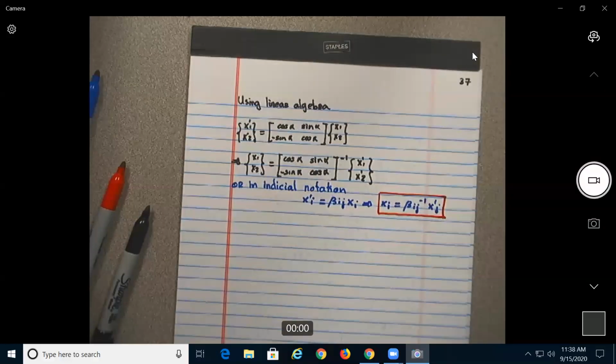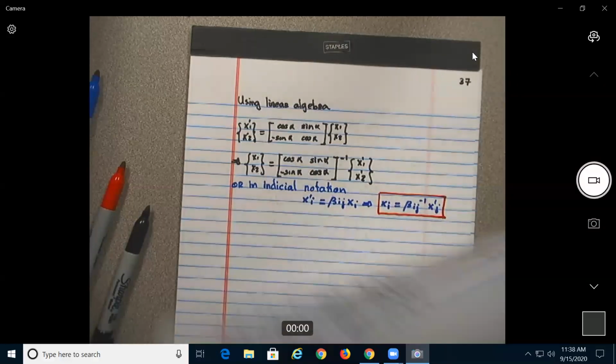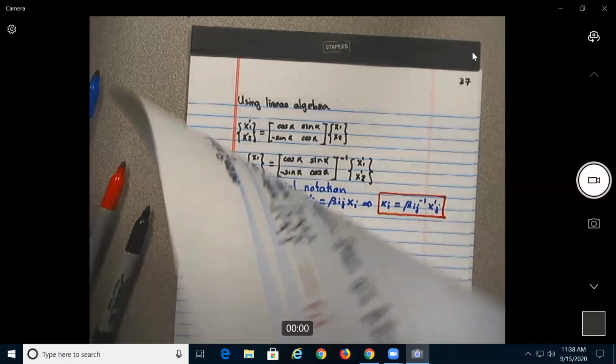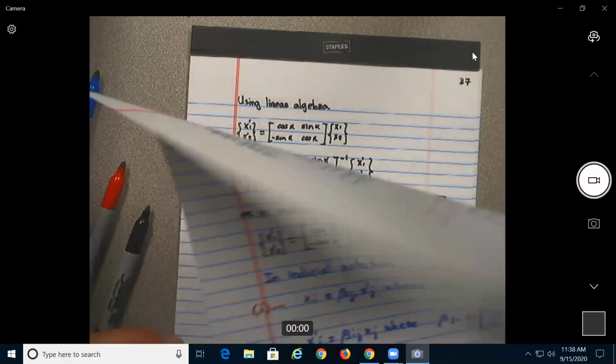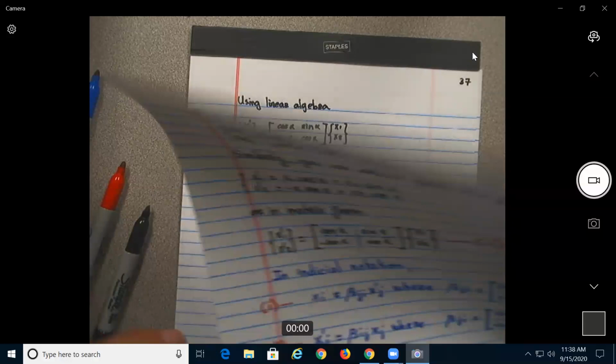And recalling from the previous page, what is x i? It is equal to beta ji x prime j.